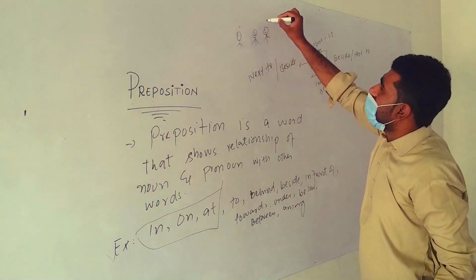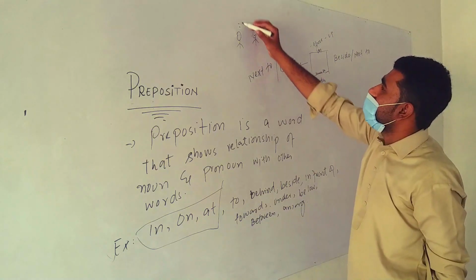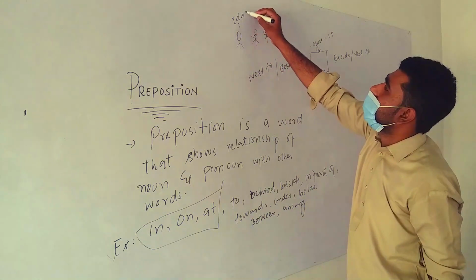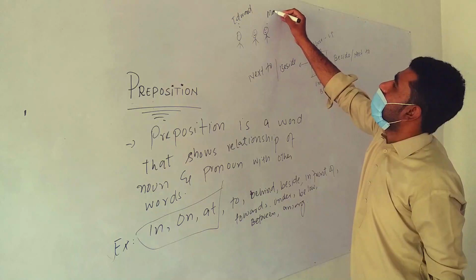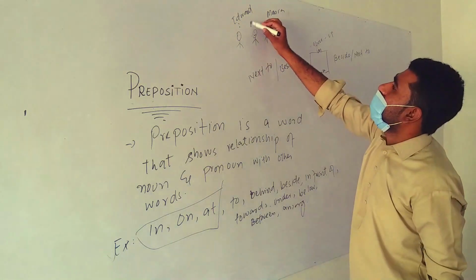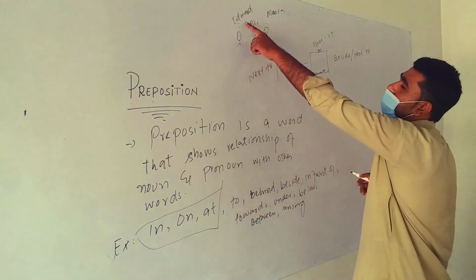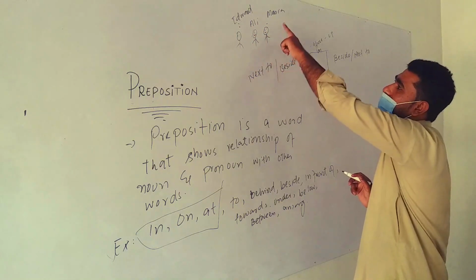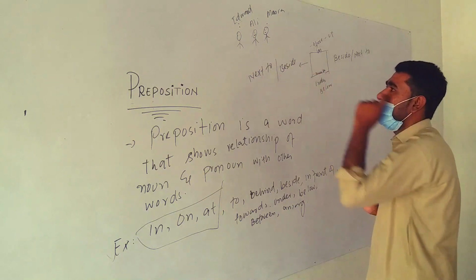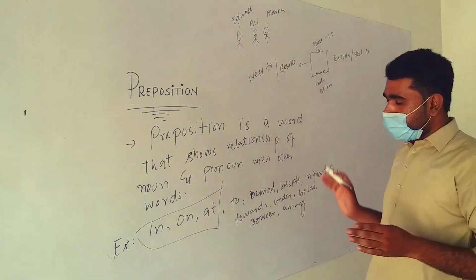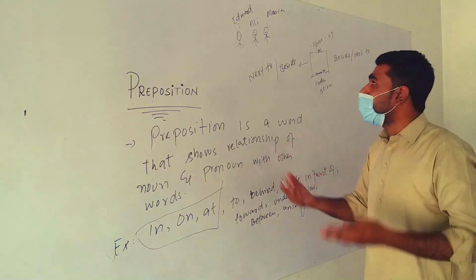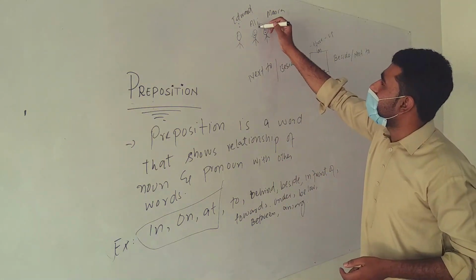So I would say this is Edward, and this is Maria, and this is Ali. So Edward is beside Ali, and Maria is also beside Ali. But if they are sitting behind Ali, it would come here.